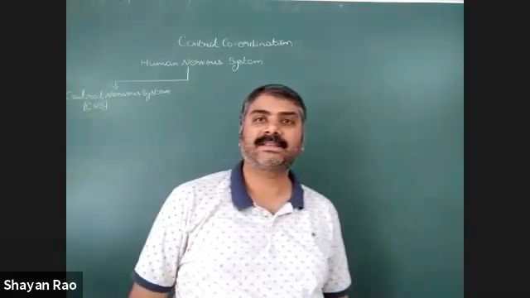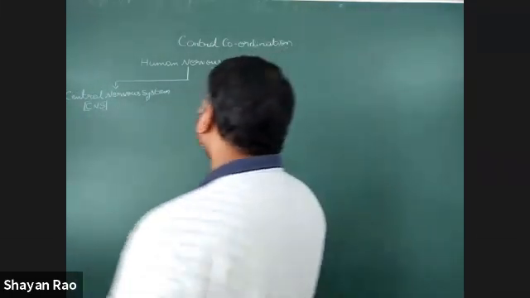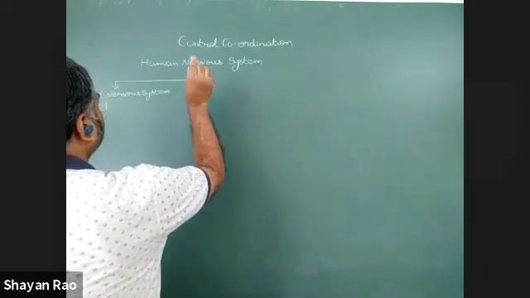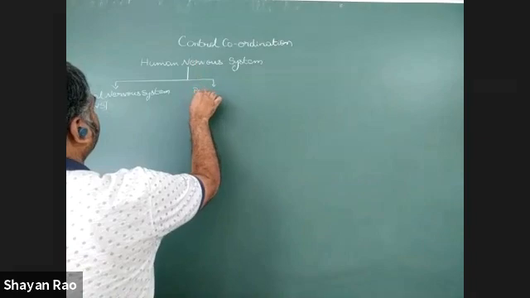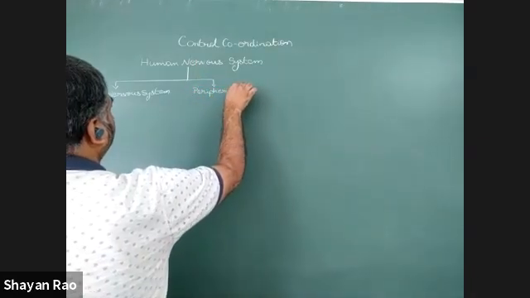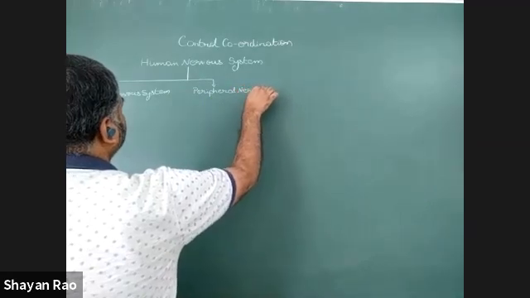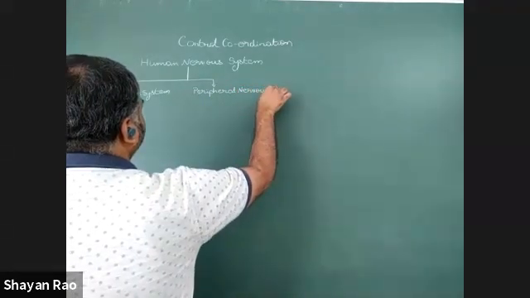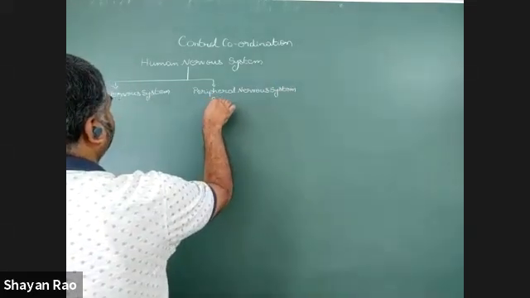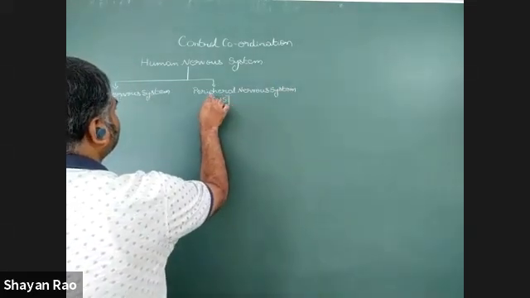Then after that, the second classification we have is called the peripheral nervous system, which is also called PNS.